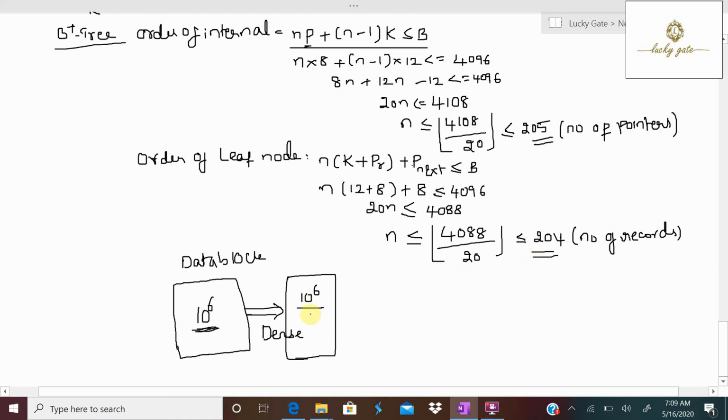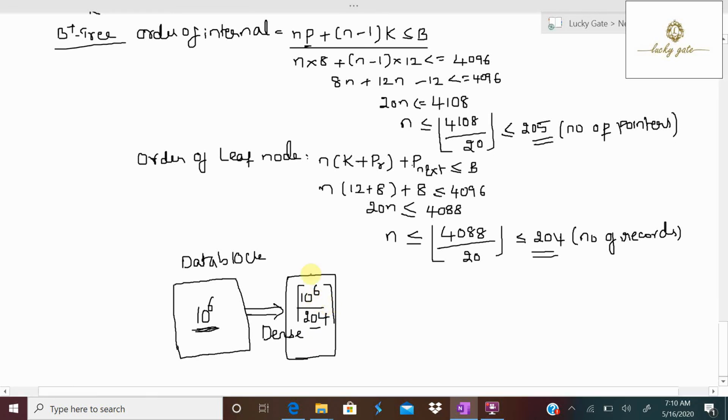It means in each block we have to store 204 records. Totally we have 10 to the power of 6 records. For storing 10 to the power of 6 records with order of leaf node 204, it requires 10 to the power of 6 divided by 204 blocks.